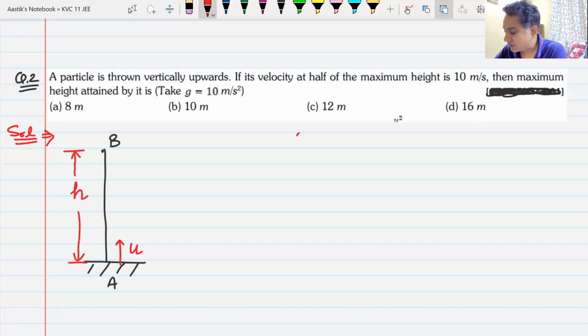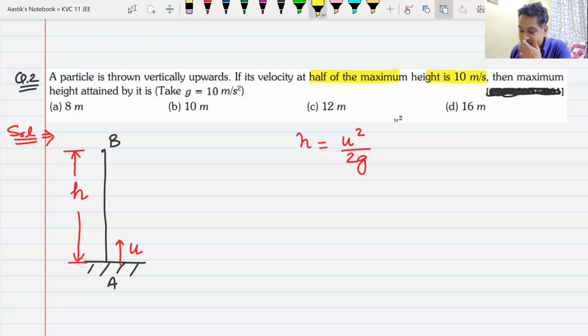If I have to find out this h, I just need to know u square by 2g. Yes or no? g I already know. The only thing unknown is u. If I can find out u, my job is done. Now the question is, how will I find out u? Something else must be given in the question. What is given is that when it is at half of its maximum height, the velocity is 10 meter per second.